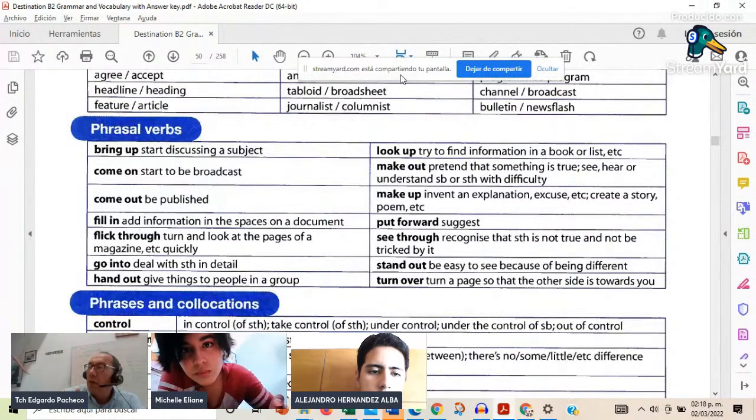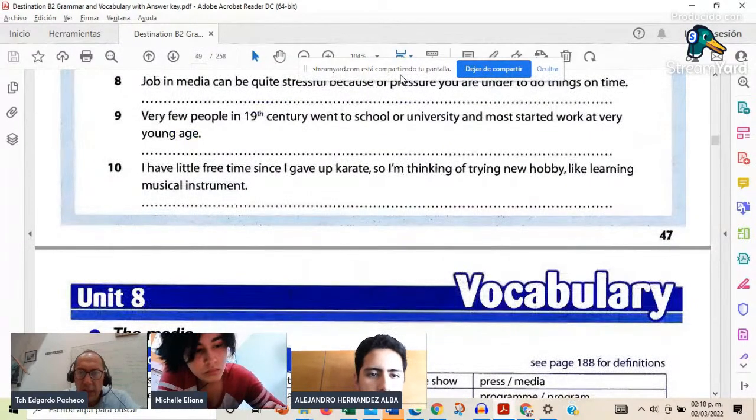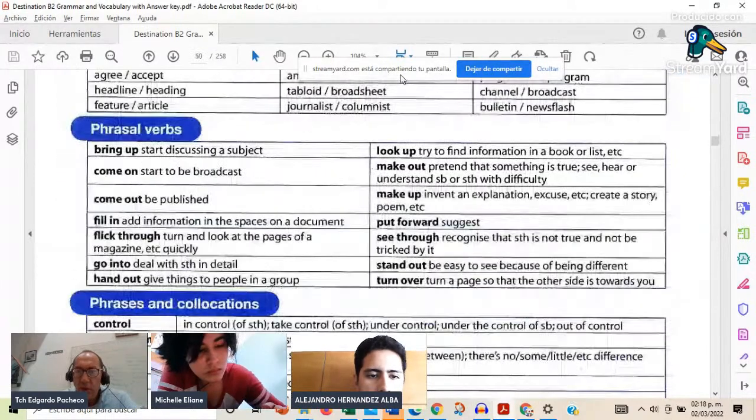You turn right, you turn left, or you turn over the hill. In this case, when we talk about the media, newspapers, the news, turn over is you turn a page. Like, I'm gonna turn over this. They tell you, okay, turn over that page. That is past. They use it in a figurative way also, Mickey.